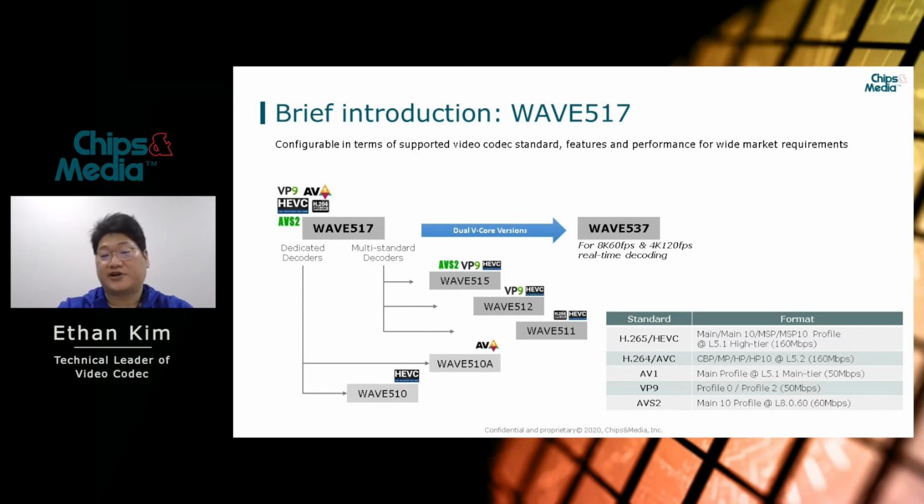There are some pre-configured decoder IPs as shown in the figure. It also has a dual-core version named WAVE517, which can support 8K 60 frames per second in an advanced process node. You can find the supported profiles and levels for each video codec standard in the table also.